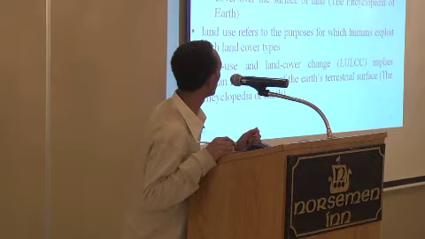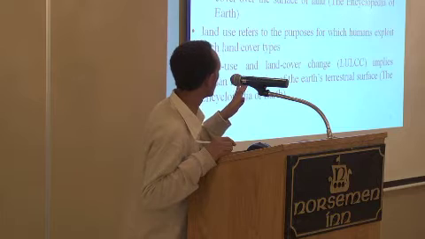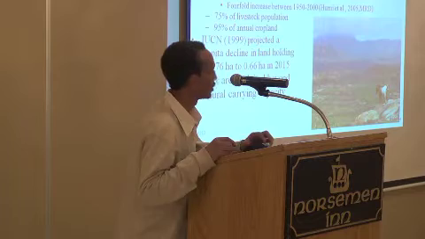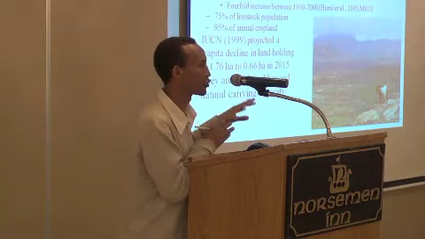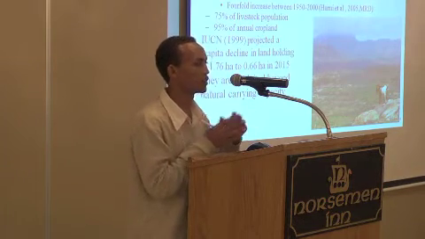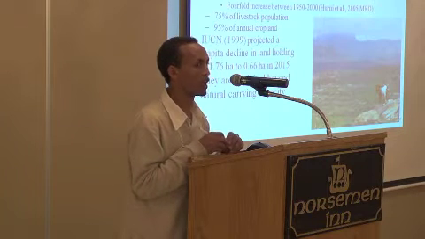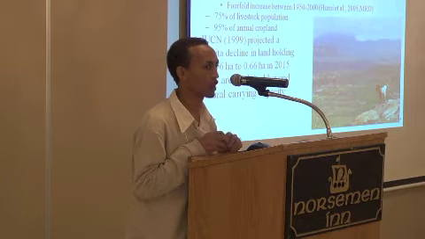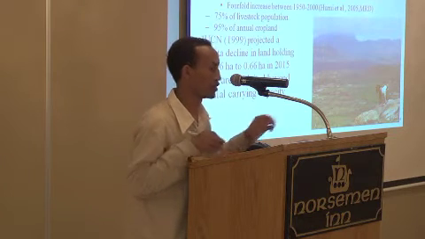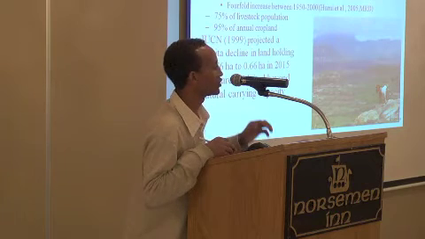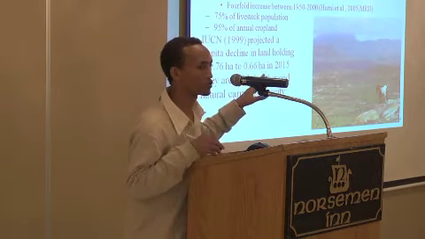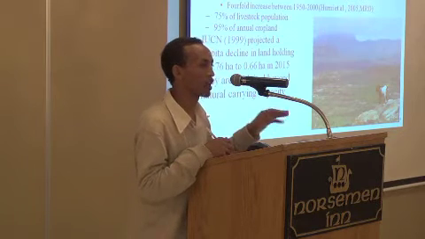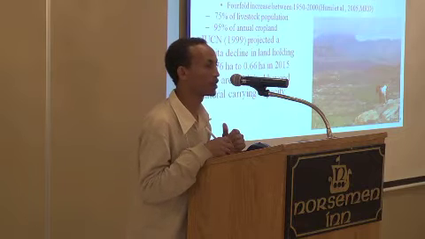So, let me continue. As background information, I will give you some information about the Ethiopian highlands, the mixed system, and the current challenges in terms of land management there, before going to the particular case. The Ethiopian highlands receive an annual rainfall of 600 to 2,700 millimeters.